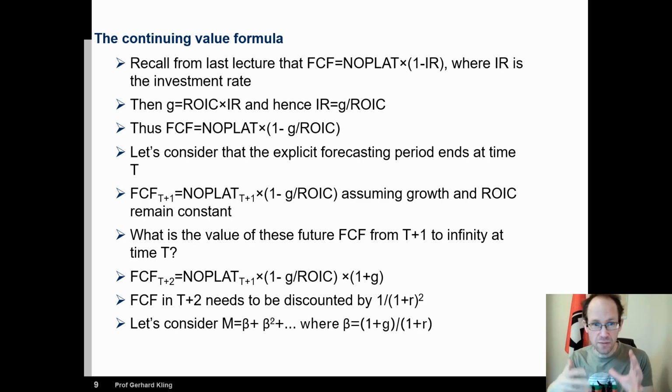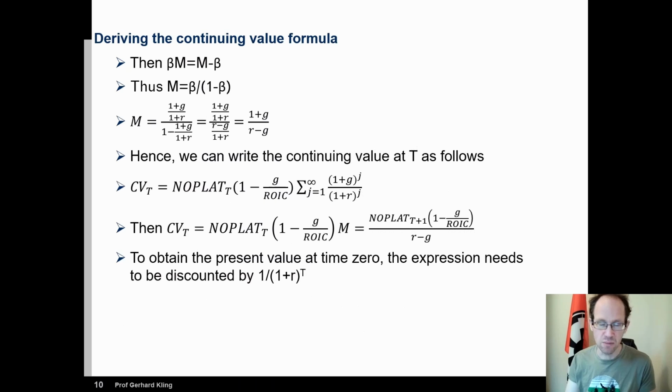I derived here the exact formula for the continuing value, but honestly, it's not really that important. We just use it, and I can show how this is calculated. But basically, the idea is simply to assume that you grow with a fixed growth rate and you still have a constant level of profitability.